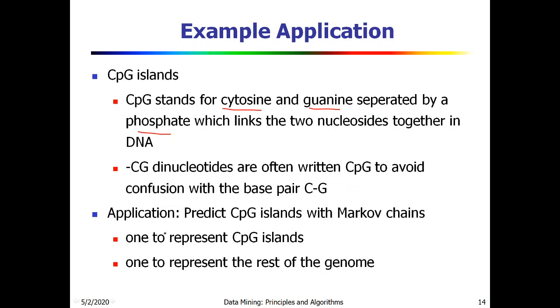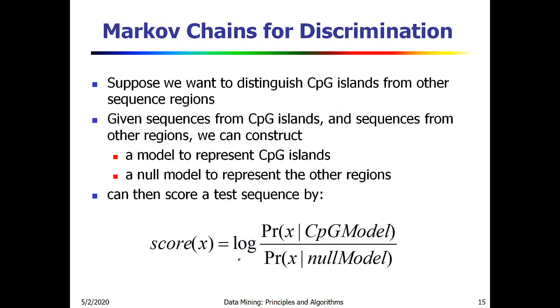Then we predict the CpG islands by a Markov chain, with one model to represent CpG islands and one to represent the rest of the genome. Coming to the Markov chains, if you want to distinguish CpG islands from other regions, we have to give the sequences that belong to CpG islands and those that do not.